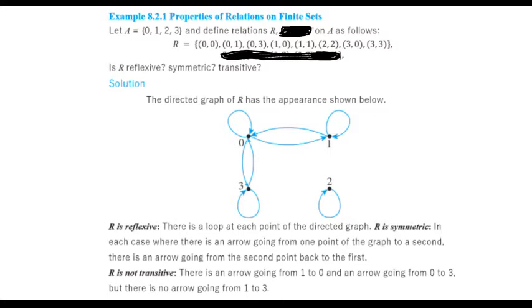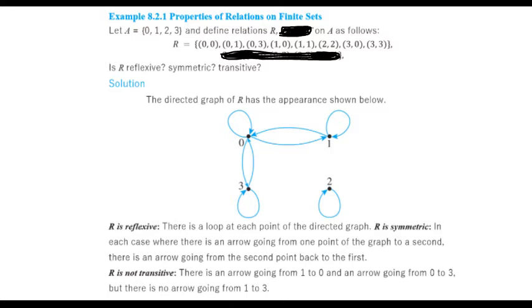In order to answer these three questions, it's better to first draw a directed graph representing such a relation. So in this graph, we need to have four vertices, one for 0, the other for 1, the other for 2, and finally one for number 3.